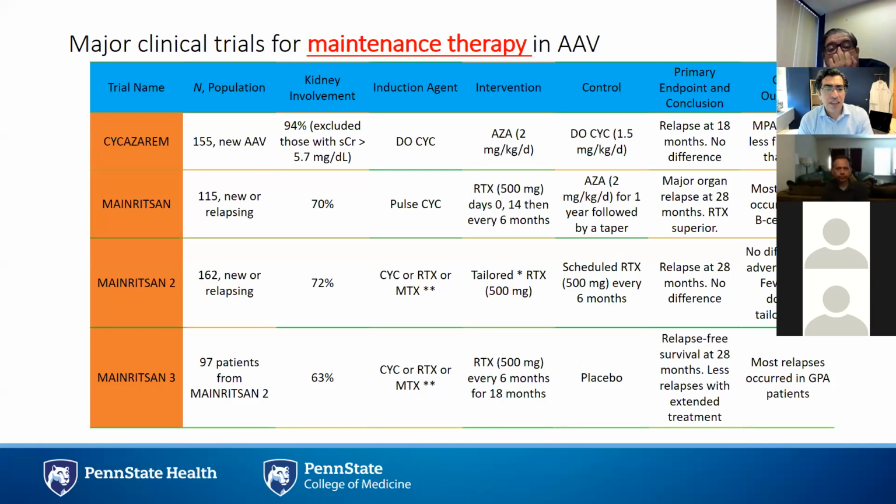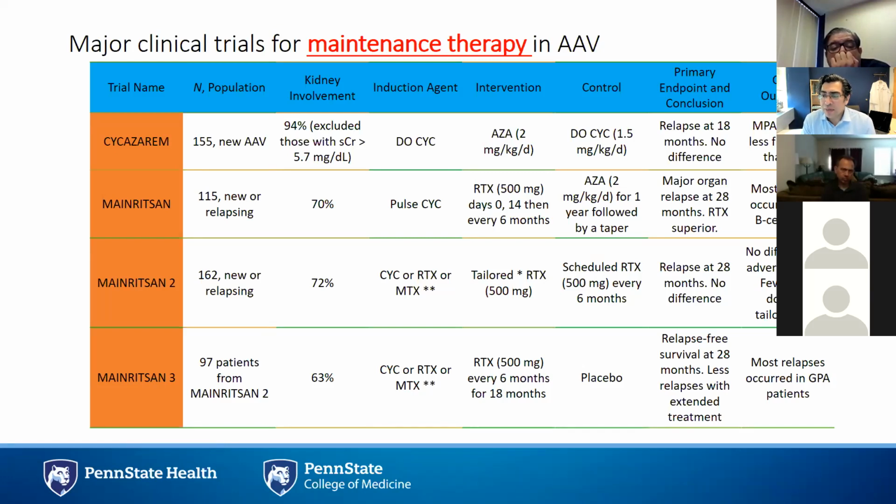So in this MAINRITSAN trial, 70% had kidney involvement. So induction was pulse cyclophosphamide. The intervention was rituximab 500 milligram day 0, 14, and then every 6 months. And then the control was azathioprine, because we knew that azathioprine works in the maintenance for 1 year followed by a taper.